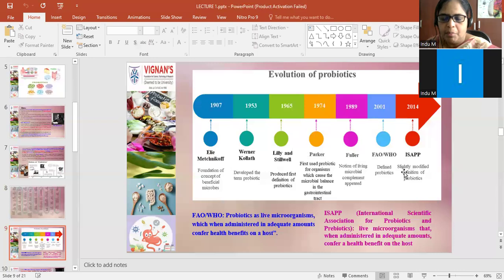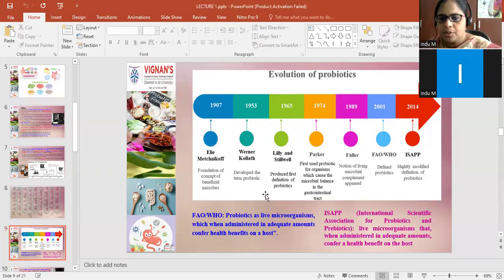If you see the main timelines of the evolution of probiotics, Elie Metchnikoff is the foundation for identifying probiotic organisms and developing the concept of beneficial microbes. Later in 1953, Werner Kollath developed the term probiotic. Lilly and Stilwell produced the first definition of probiotic.